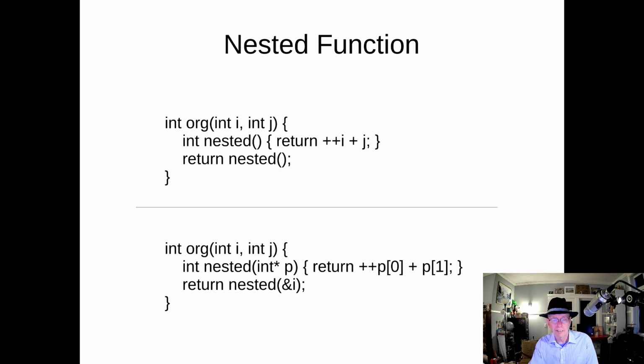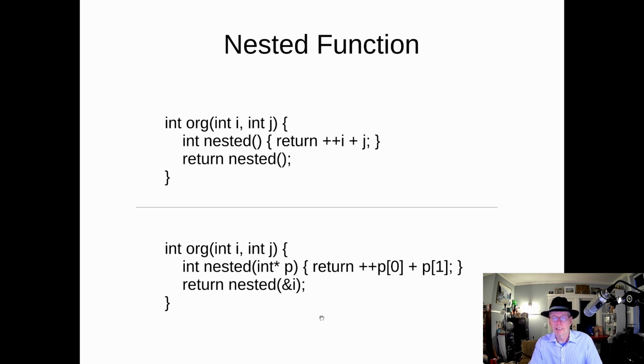A nested function is a third kind of function with hidden parameters, and here we have a nested function inside org, and it needs to reference both i and j, which are not local variables of the nested function, but they are variables of the enclosing function org. So how is this accomplished?